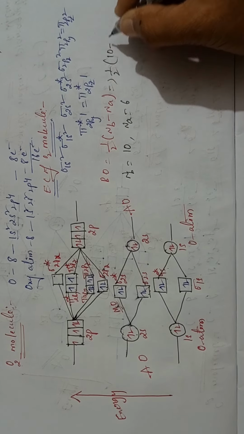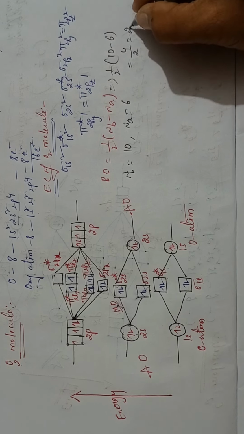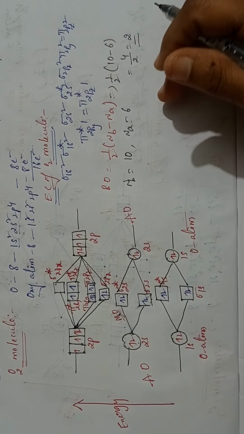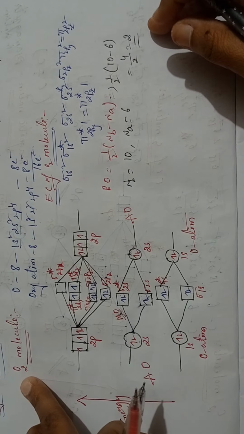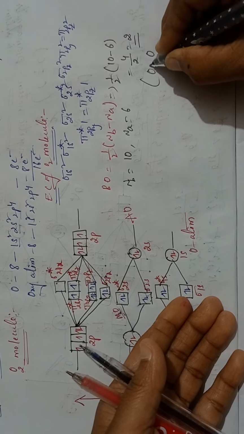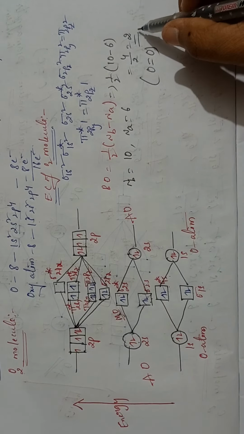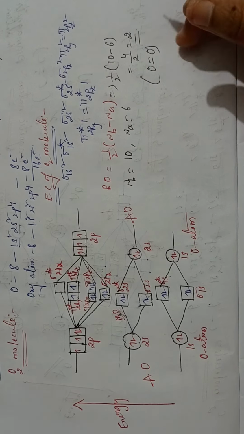NB is 10, NA is 6. So half of 10 minus 6 is 4 by 2, that means bond order 2. Bond order 2 indicates a double bond. That means between the two oxygen atoms a double bond exists.